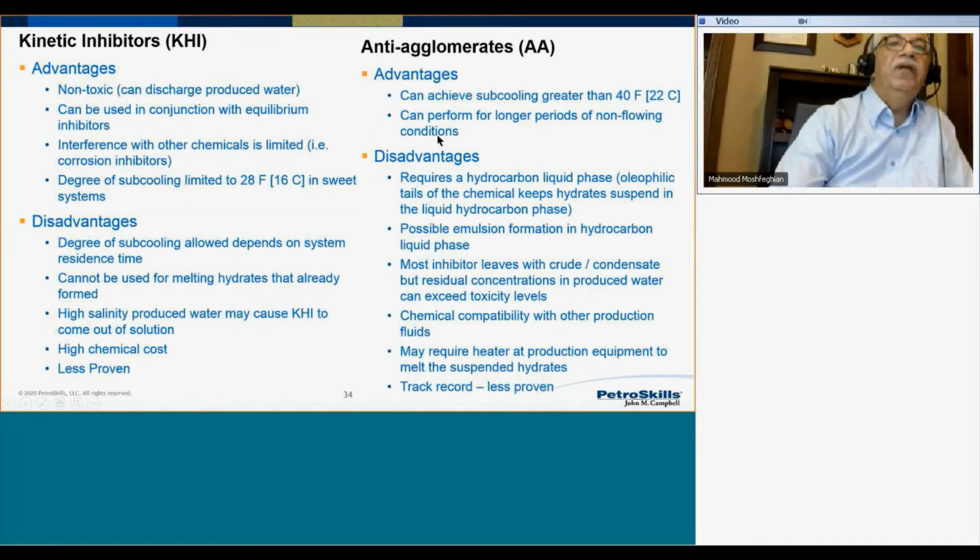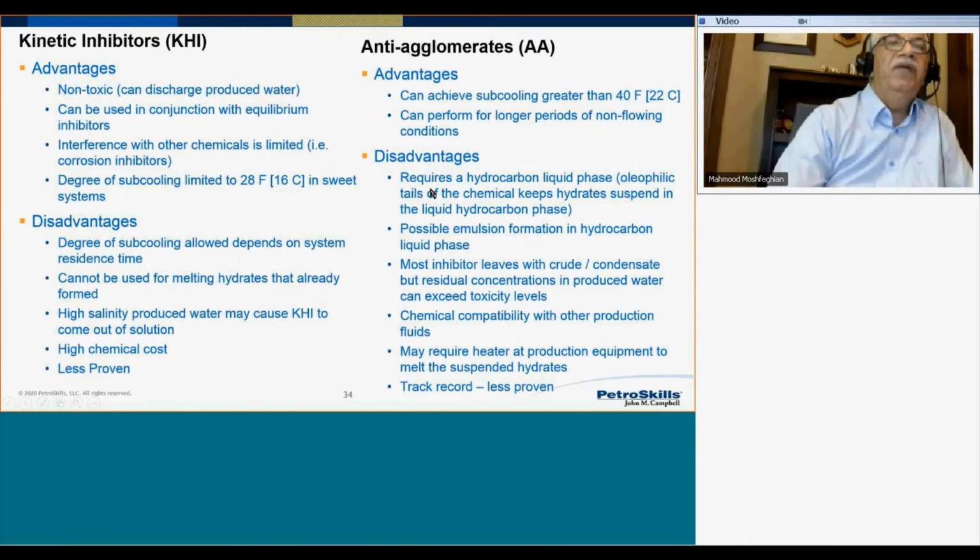That's for shutdown condition. But still, for shutdown condition, normally the one that's used is methanol. Methanol is used for shutdown condition to prevent hydrate formation under no flowing condition.